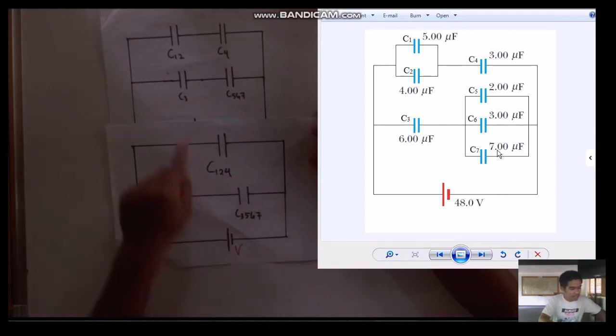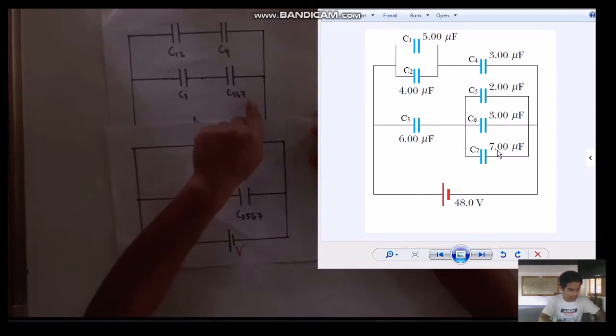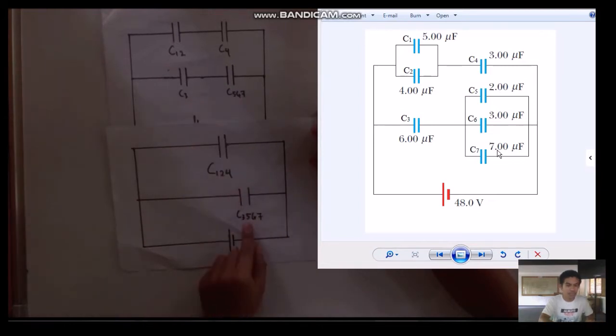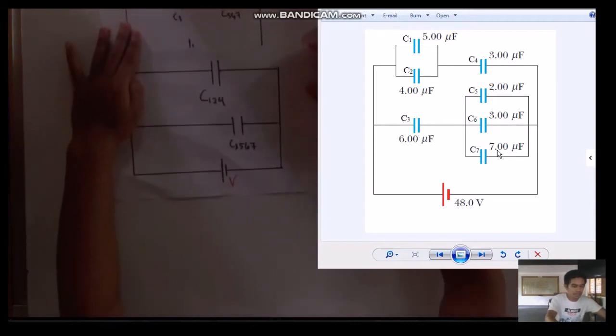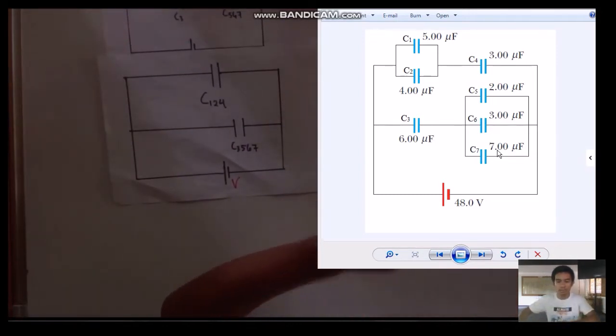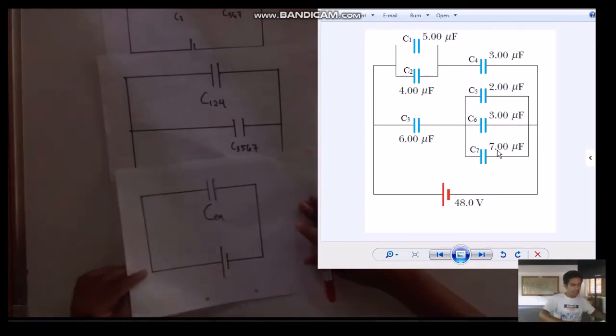And C3 and C567 we combine into one, so you have C3567. Then we can still simplify this to have one capacitor and the equivalent capacitance.